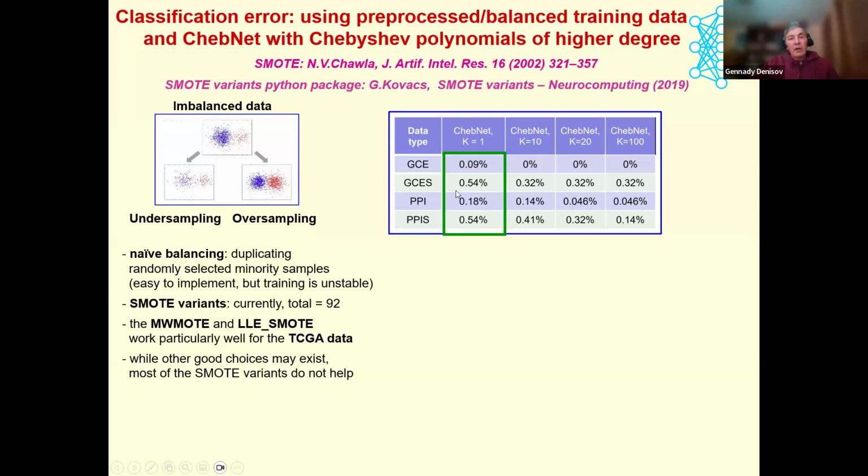And if we use not Chebyshev convolution with K equal 1, as in the original publication, but further increase the degree of the Chebyshev polynomial used by the layer, then it turns out that for the GCE dataset, for example, we have 0 error for this particular fold that we discussed.